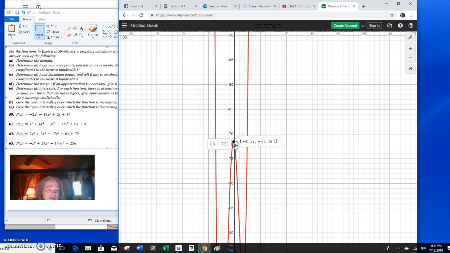And then right next door to it is your y-intercept, or whenever x is equal to 0, then that indicates a y-intercept. So you can use Desmos to definitely help you find all of this information for a polynomial.